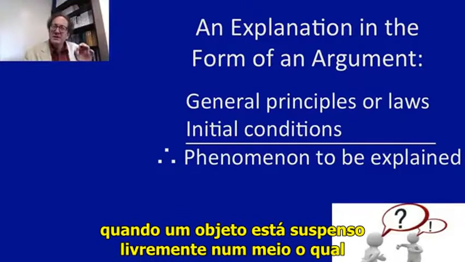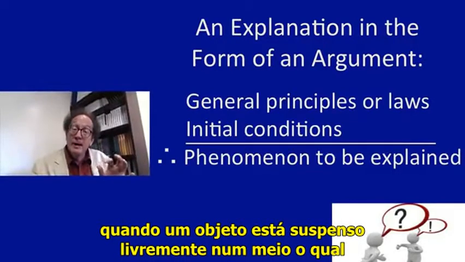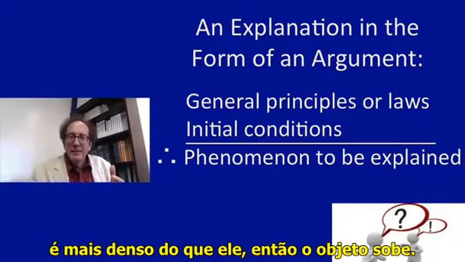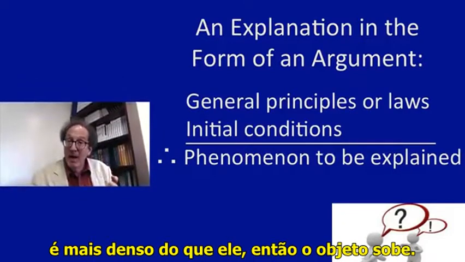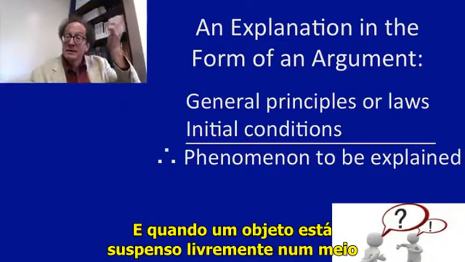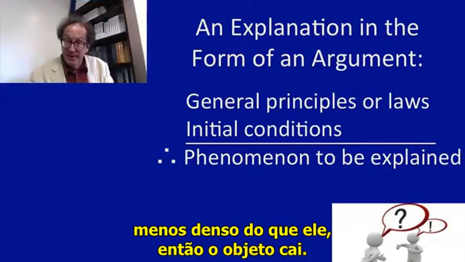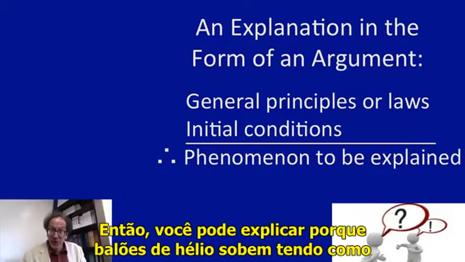And the answer is that when an object is suspended freely in a medium, where the medium is more dense than the object, then it rises. And when an object is suspended freely in a medium where the object is more dense than the medium, then it falls.